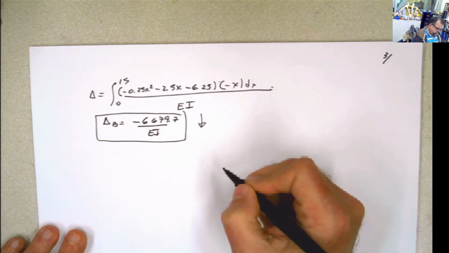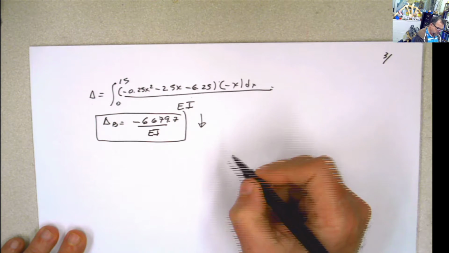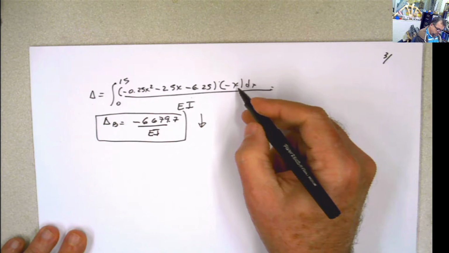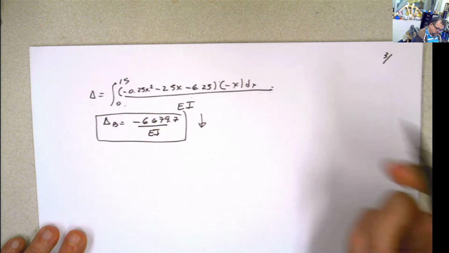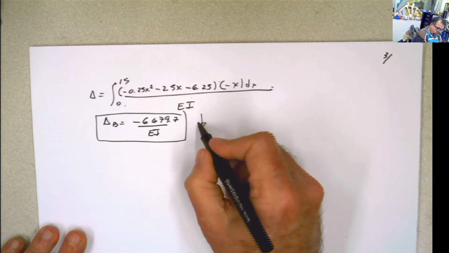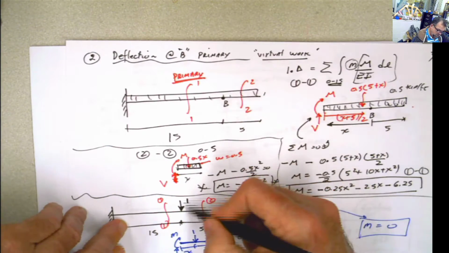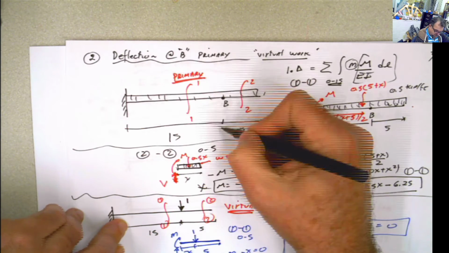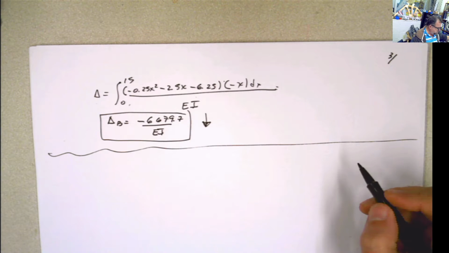The deflection over there is going to be downward. If you realize, probably it's going to give a positive value, but we assumed the deflection coming down, so that's negative. And that will be the deflection for the primary structure.